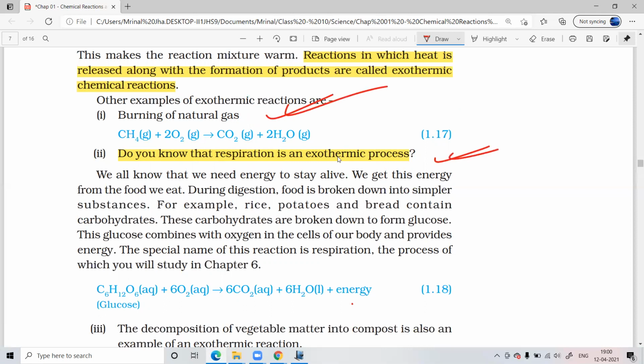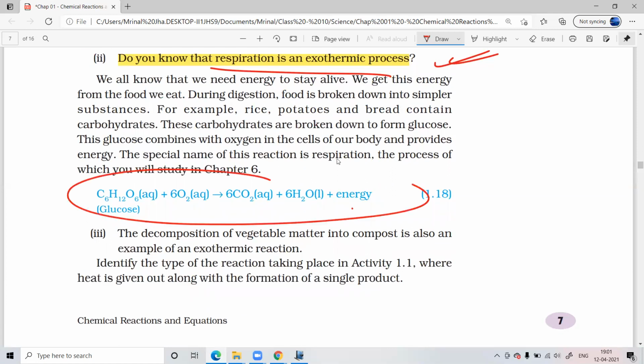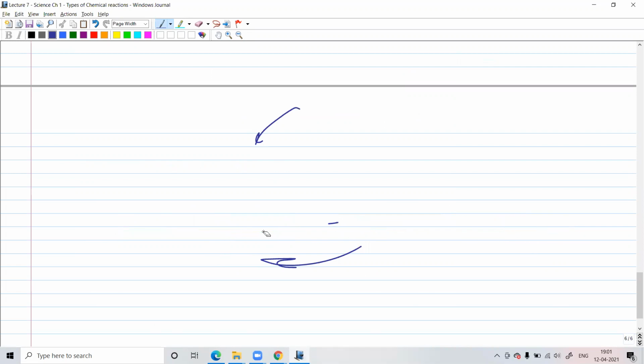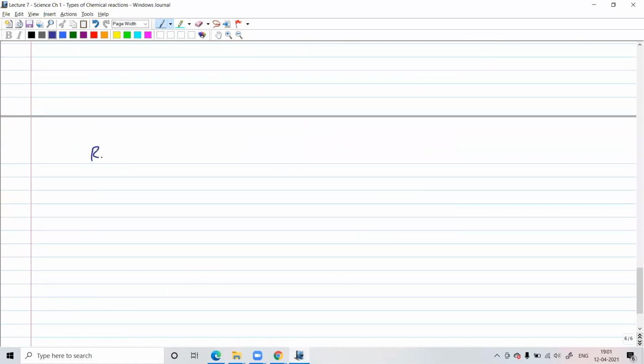Okay. So some examples of exothermic: burning of natural gas, respiration, which is what is a respiration reaction? This is the one. This is a reaction for respiration. Try to remember this also. So if somebody asks you to write down the reaction for respiration, that's the reaction you will write.